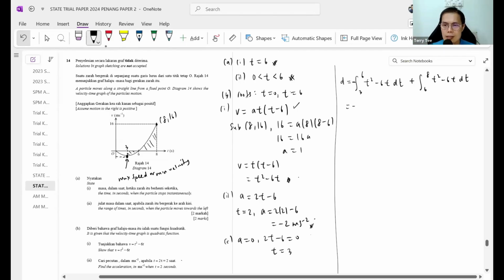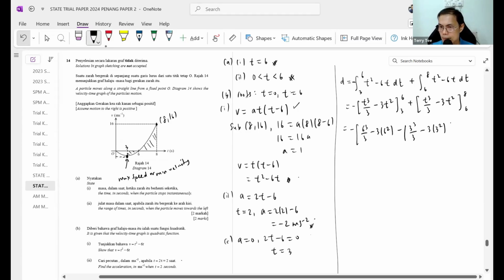So let's integrate. This will be t cubed over 3, 6t squared divided by 2, 6 divided by 2 is 3, so 3t squared, from 3 to 6. Repeat this, t cubed over 3, minus 3t squared, from 6 to 8. Now I need to sub in one by one. 6 cubed over 3, minus 3 times 6 squared, minus 3 cubed over 3, minus 3 times 3 squared.